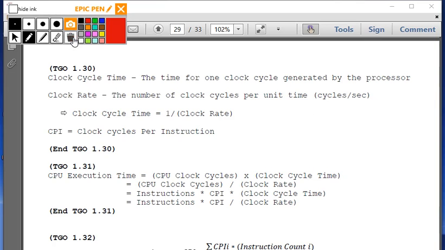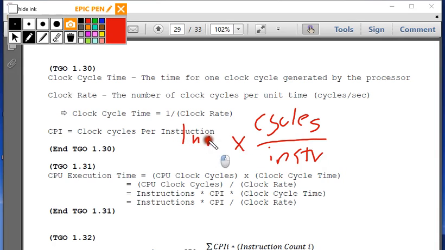Now, CPI means cycles per instruction. Let's say I've given you a problem with a CPI and I'm telling you to find the time, and it's a quiz or an exam and you cannot remember this equation. Here's the trick. I have a CPI, cycles per instruction. If I multiply that by the number of instructions, we get rid of instructions.